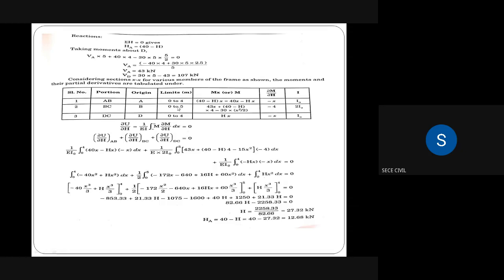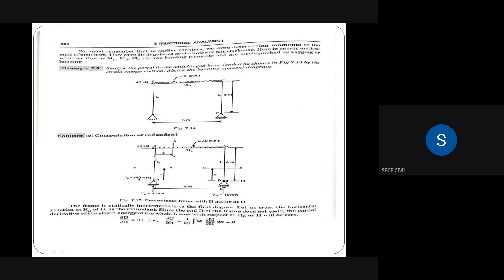Okay, so when x is equal to 0 means point B, when x is equal to 5 means point C. Okay, see here, the x starts from the point B only. So if x is equal to 0 means it denotes point B. If x is equal to 5 means it denotes point C. Okay, so both the supports, both the joints, joint B and joint C are intermediate only.